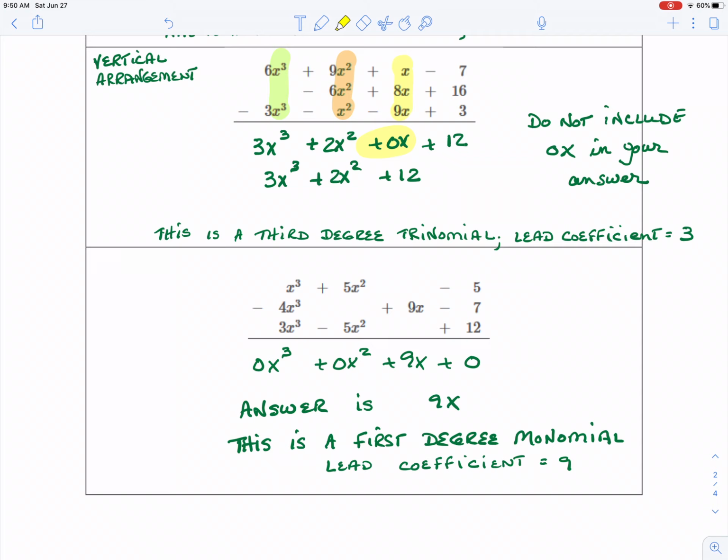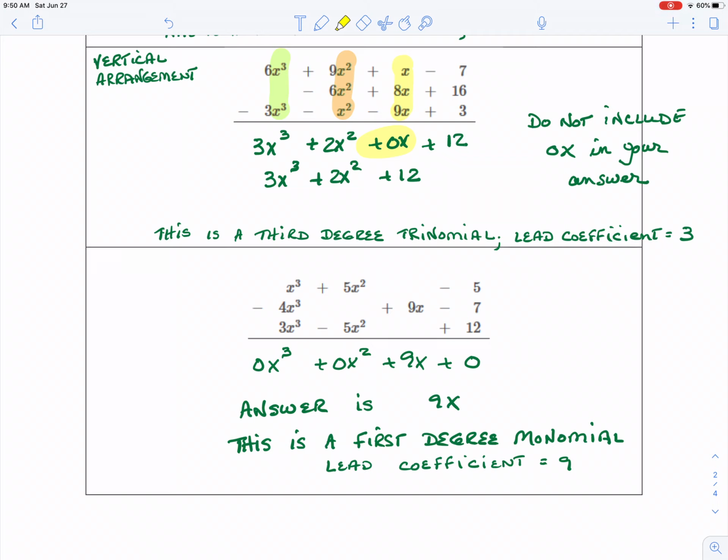And this one has a 0 term, a 0x, and we don't write that down in our answer, so I'll just write down the 3x cubed plus 2x squared plus 12, and we end up with a third degree trinomial with a lead coefficient of 3.